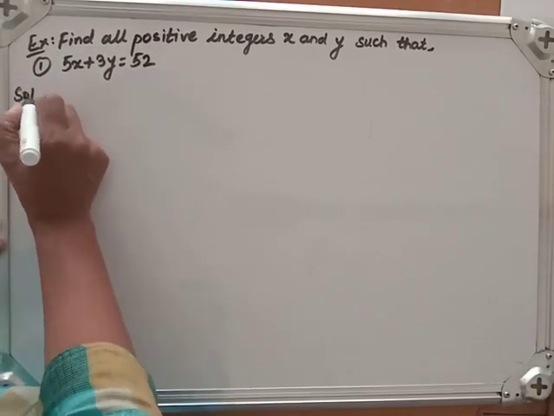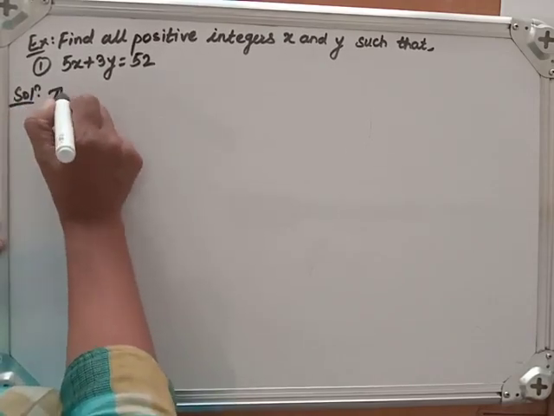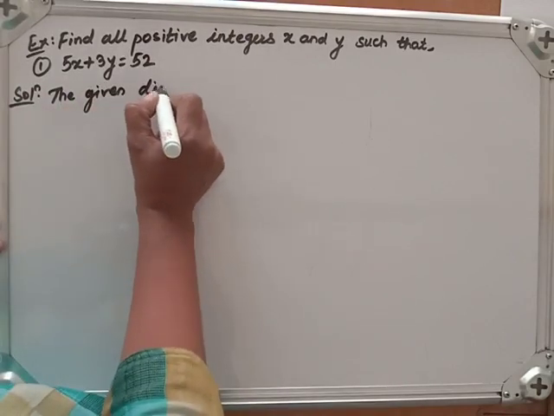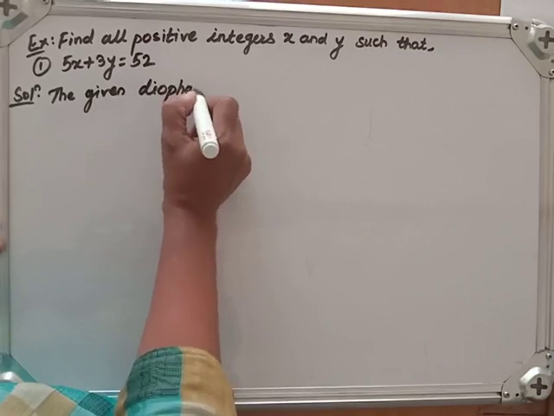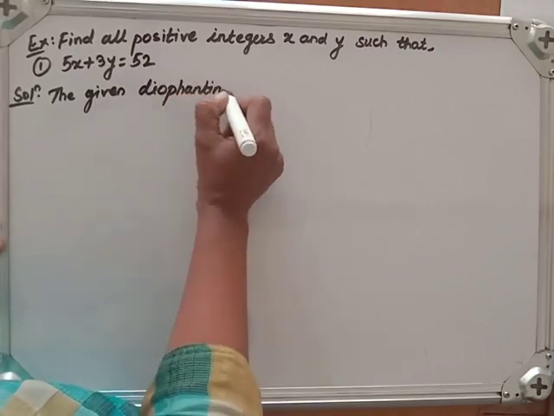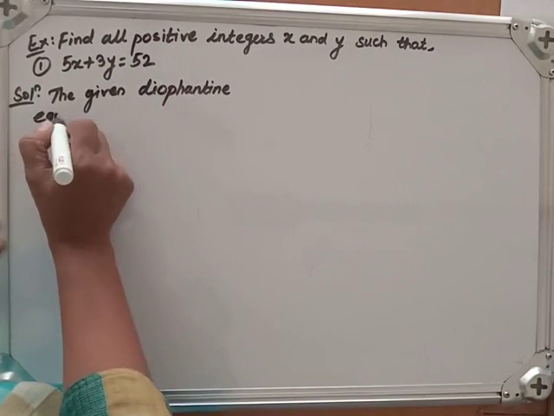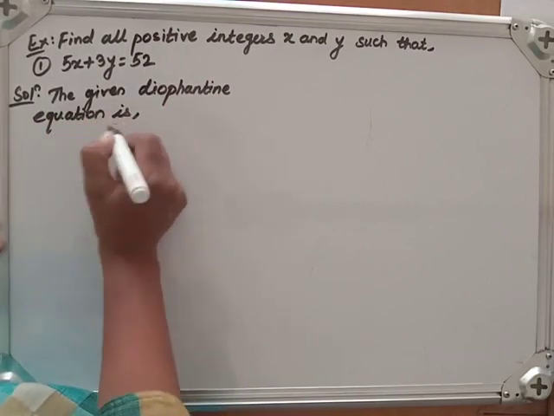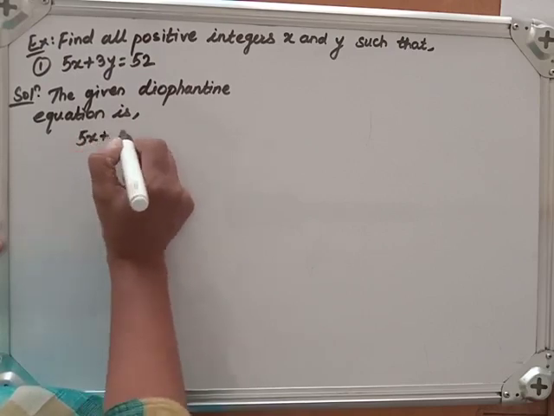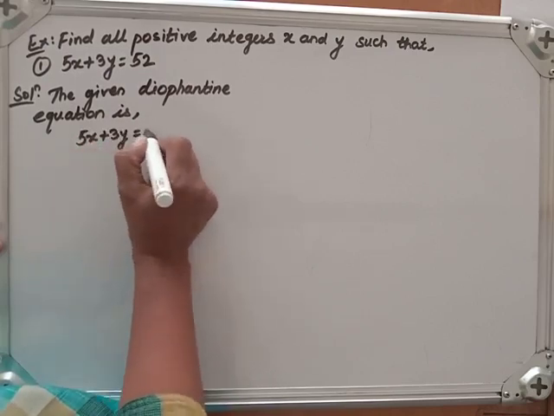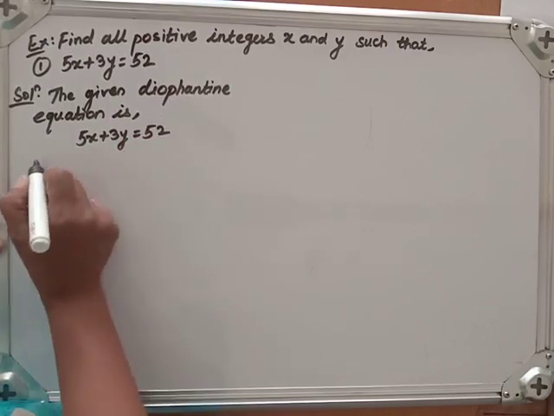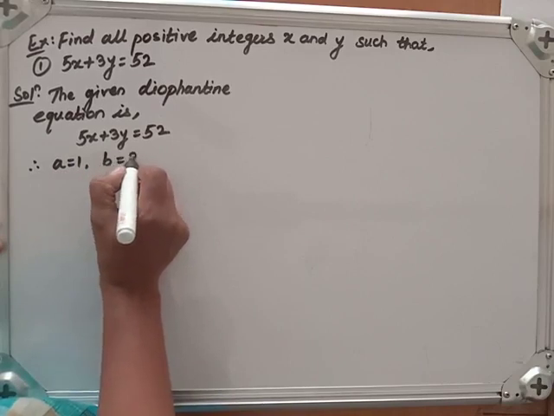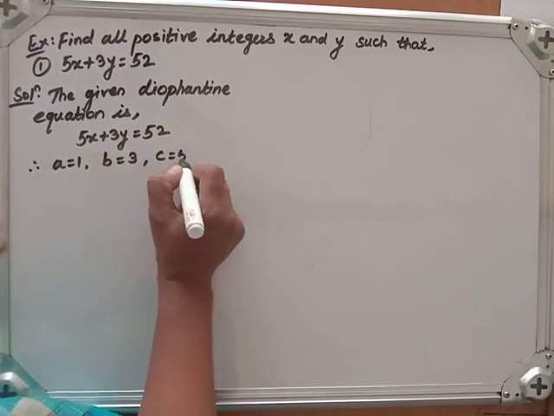So, solution: the given Diophantine equation is 5x plus 3y is equal to 52. Therefore, a is equal to 5, b is equal to 3 and c is equal to 52.